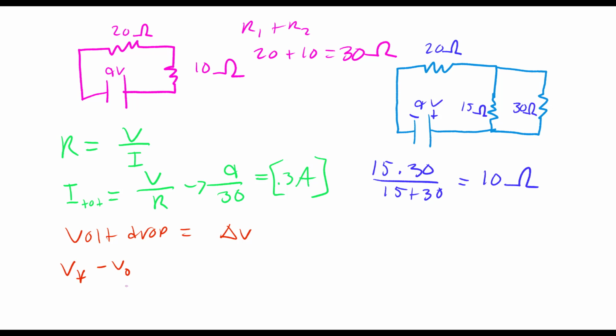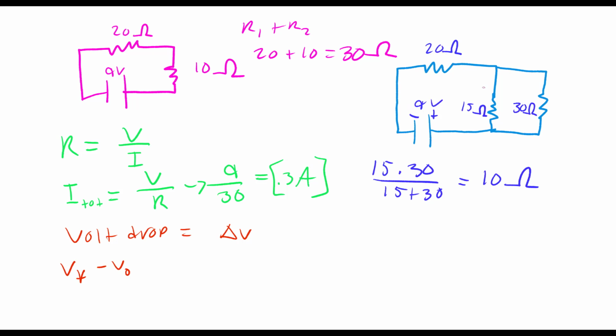So how do I do that? It's really simple. Our starting voltage is going to be 9 volts because that's how much we're putting into the system. So all we got to do is calculate how many volts are in this 20 ohm resistor.